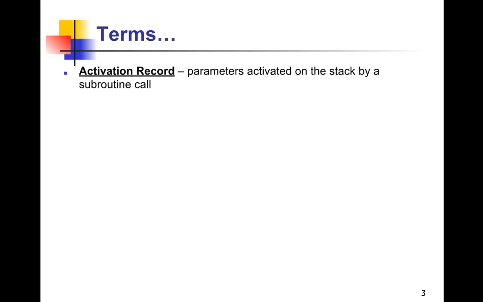Activation record. Basically, these are parameters activated on the stack by a subroutine call. Callee safe subroutines. The subroutine saves the registers used, so that means the caller doesn't have to worry about it. The subroutine itself saves all the registers that anybody could possibly use.